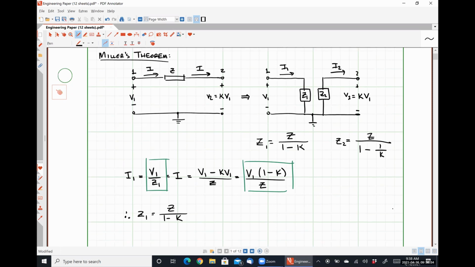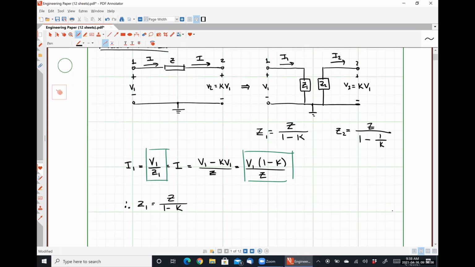We're going to use the same constraint, meaning that the current I2 in our right-hand circuit has to be the exact same thing as our current I in our left-hand circuit as well, in order for these to be electrically equivalent.